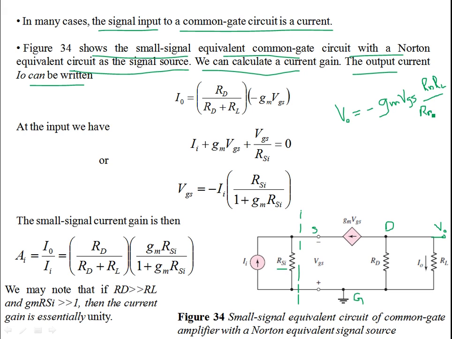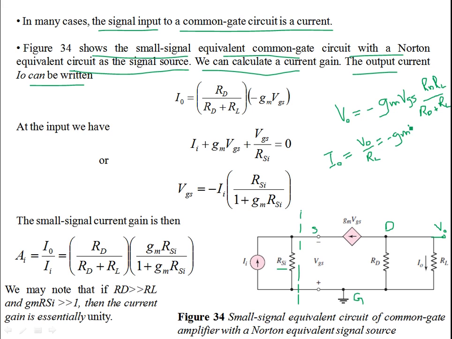In order to consider the current in just the load branch, I naught in this case is your V naught by RL. Therefore, what we are left with is minus GM VGS times RD over RD plus RL. That's my output current.